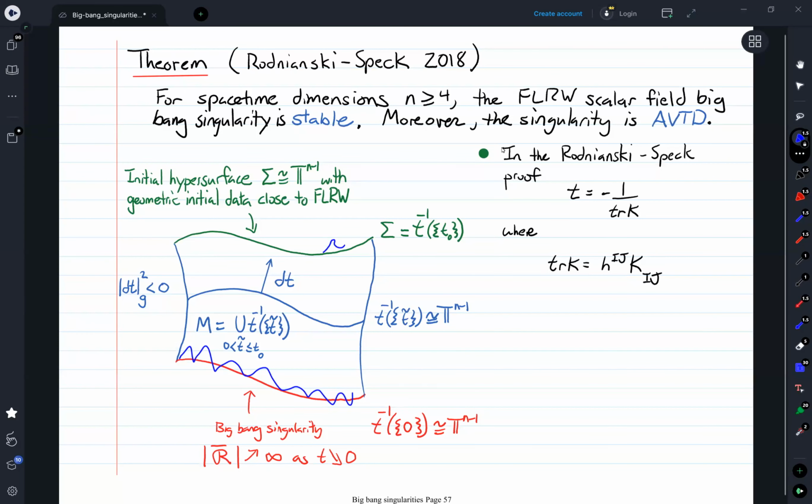So the question is, if I localize changes on the initial hypersurface, how much does this really have to affect what happens on the singular surface? Okay, so this is not localizable, and that's due to this choice of essentially time coordinate that they're using.